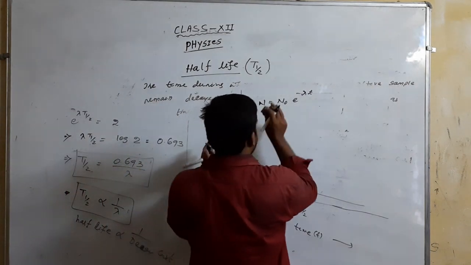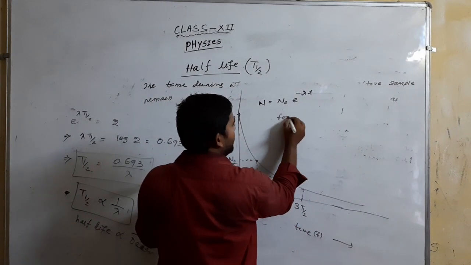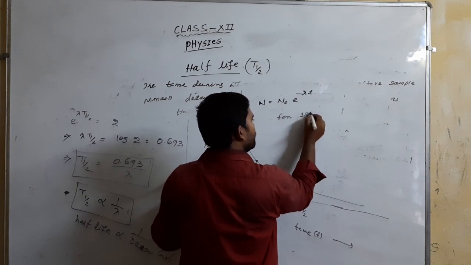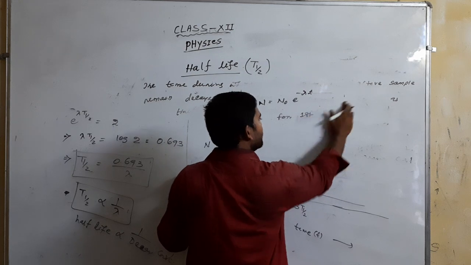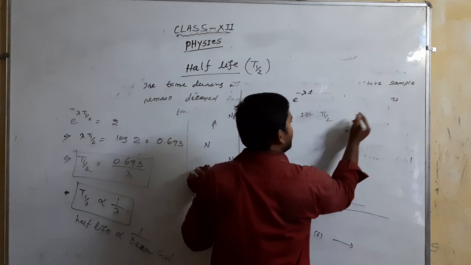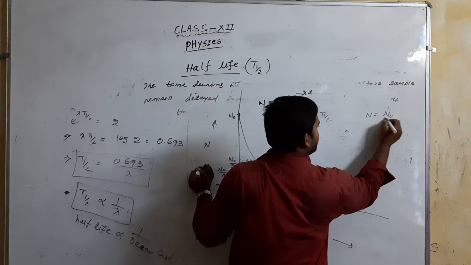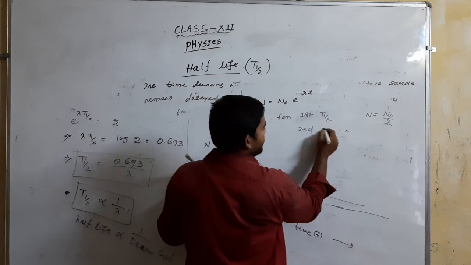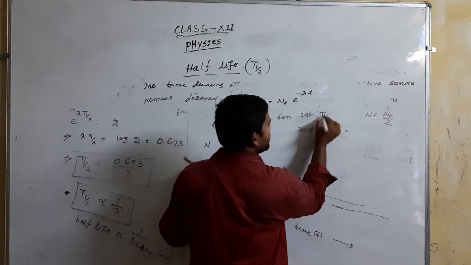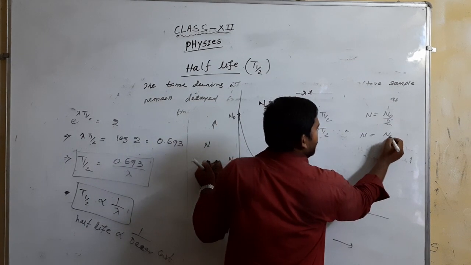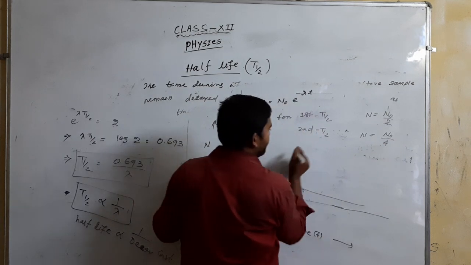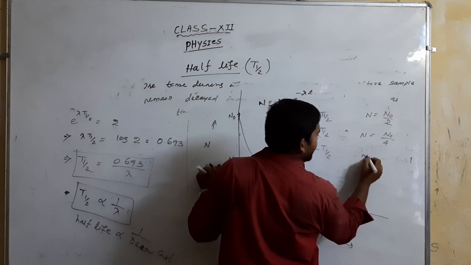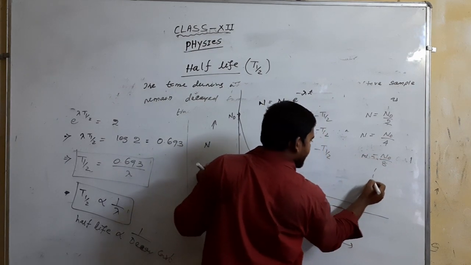So for the first t half, N equals N0 by 2. For the second t half, N equals N0 by 4. For the third half life, N equals N0 by 8, and so on.